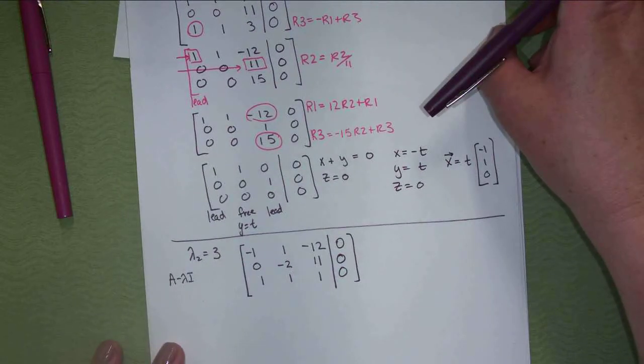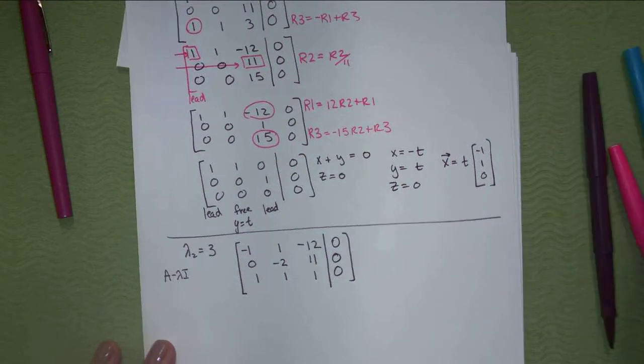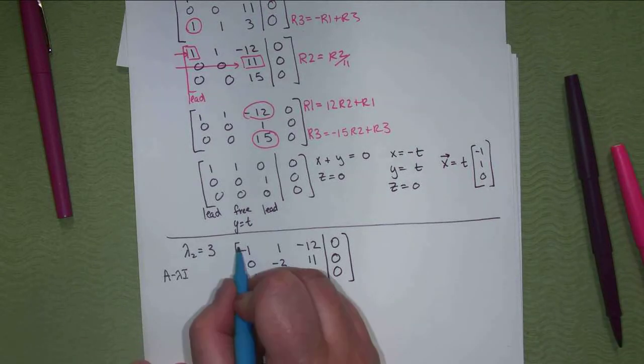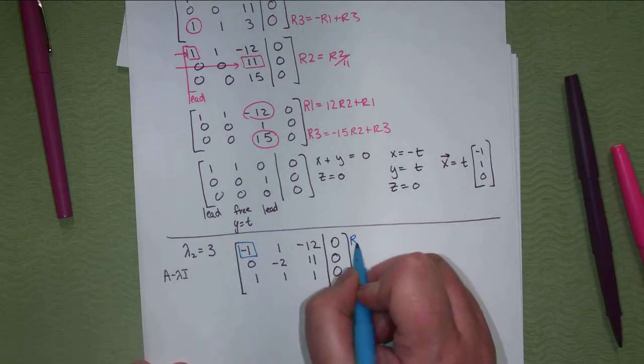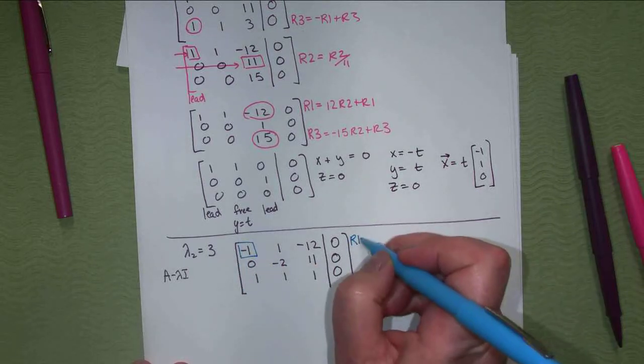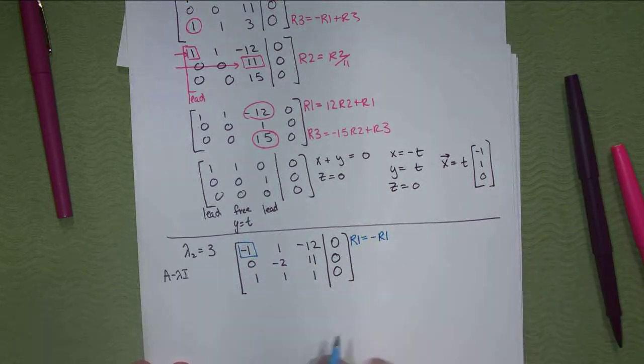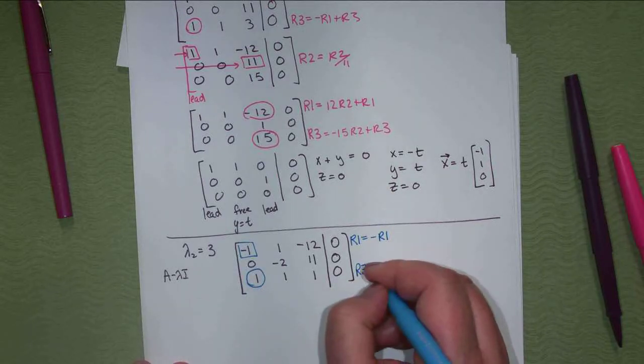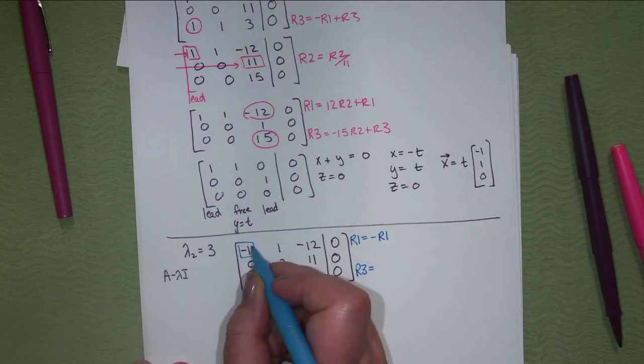So how do we row reduce this one? You can switch rows too, that's fine. We want a 1 in this top spot. I probably just wouldn't bother, I would change all the signs. Row 1 is minus row 1, or divide by minus 1. And we want this to be a 0. It's in row 3. It's a 1, that's already a negative 1, so row 1 plus row 3.